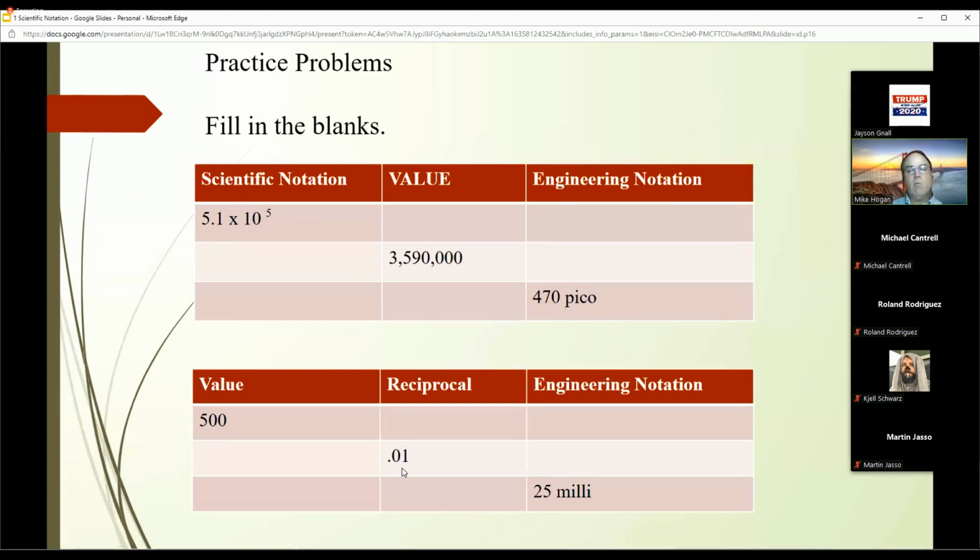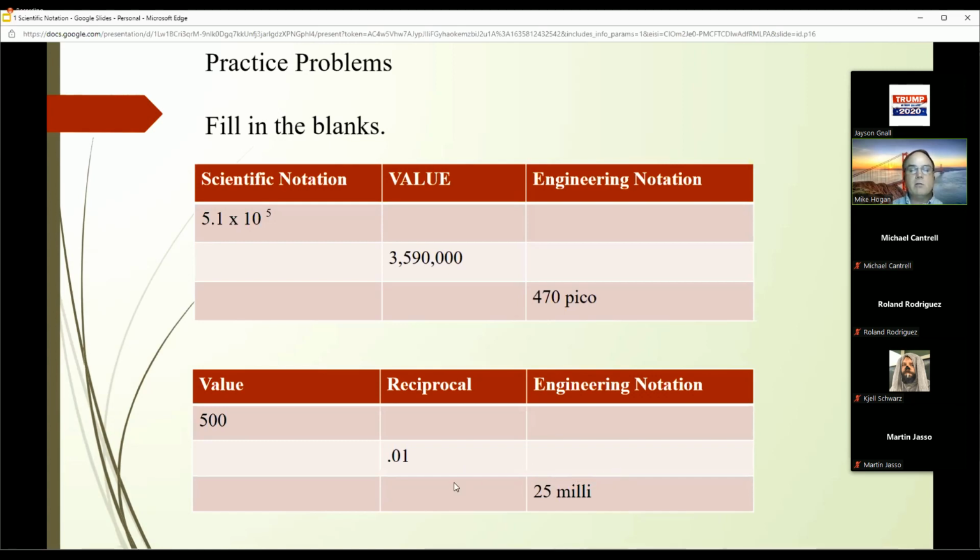So if I divide 1 by 0.01, I get 100. 100, exactly.